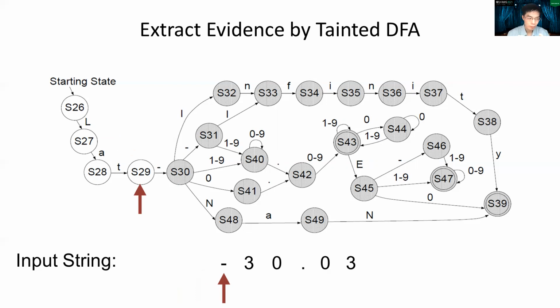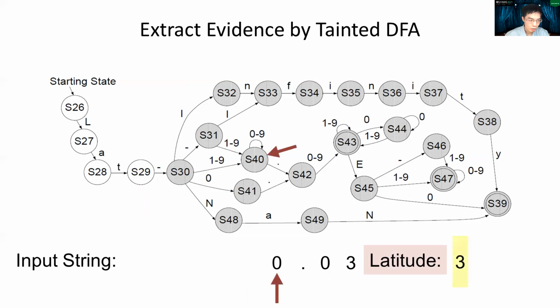So after consuming the hyphen character, we're supposed to initialize an output buffer. And you can see it at the bottom right, like this. Then we consume the number 3. And since this is the scenario that two states have the same evidence type, latitude, number 3 should be counted as part of the latitude value here.